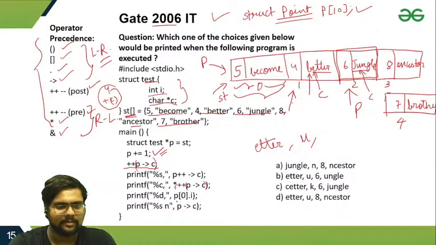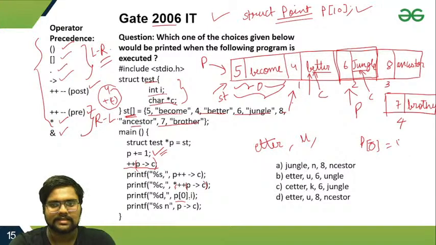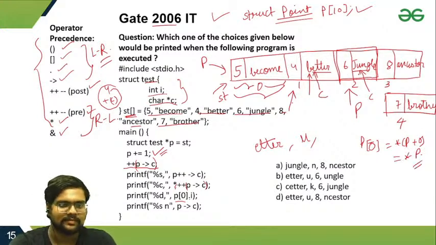Then we print p of 0 of i. P is currently here, and p of 0 is like star of p plus 0, so it will be star p. Its value will be 6, so 6 will be printed.